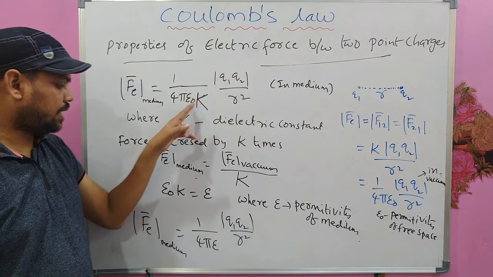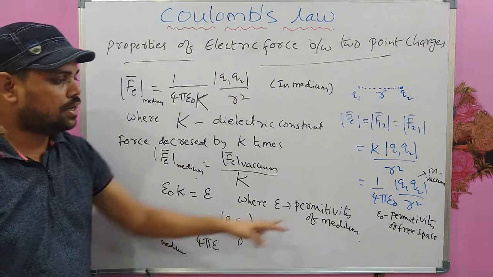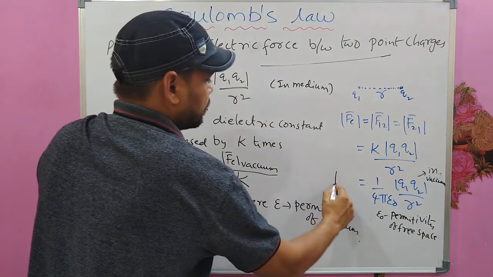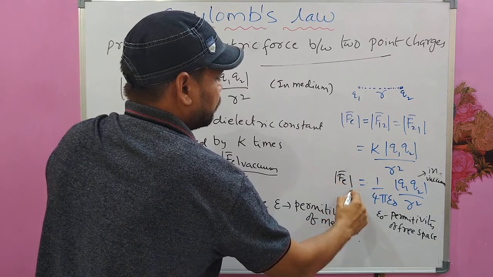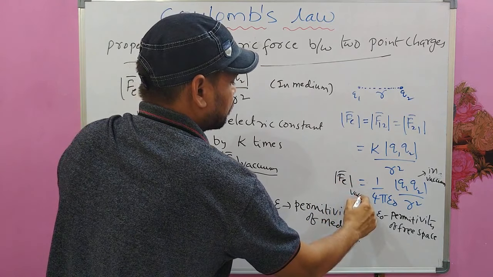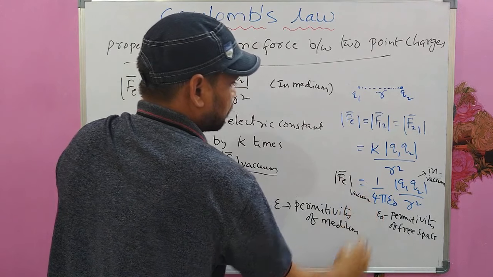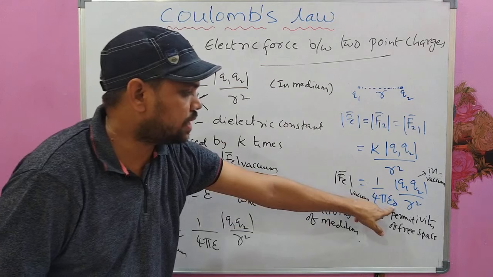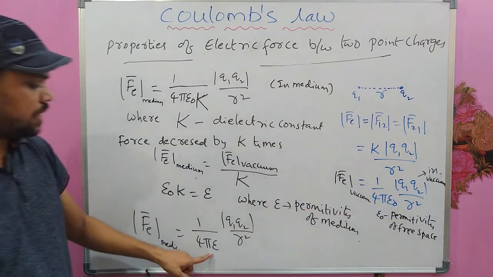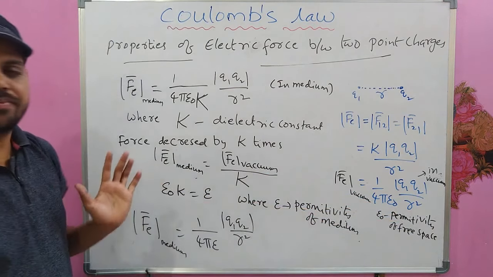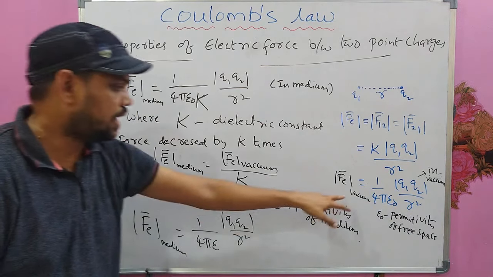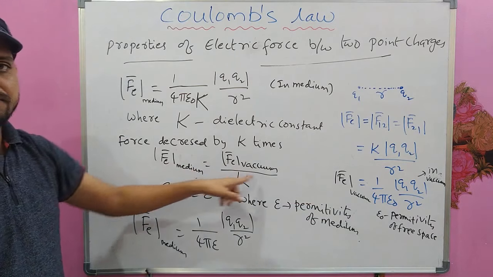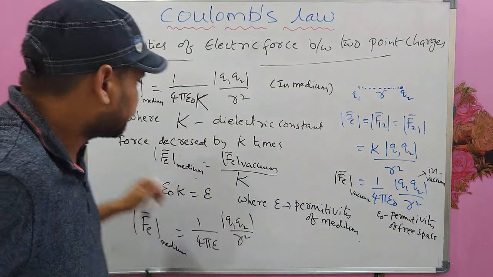Instead of epsilon naught K, I can write epsilon, where epsilon is the permittivity of the medium. Now you can compare these two. This is Fe in vacuum. Here it is epsilon naught, permittivity of free space. Here epsilon, it is permittivity of medium. But the relation between this and this would be this.